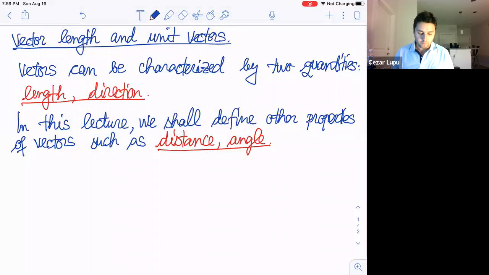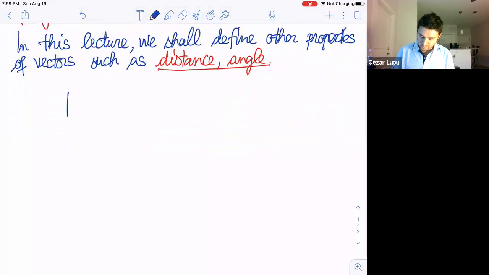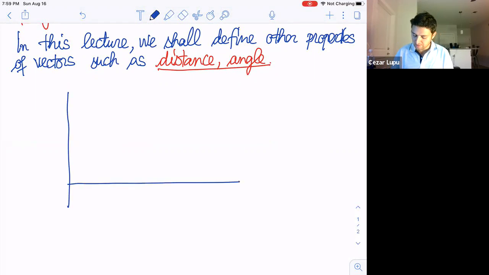All right. Now let's draw a picture first. We want to see how we can define the distance. So this is the system, the origin here, and I have this vector v.